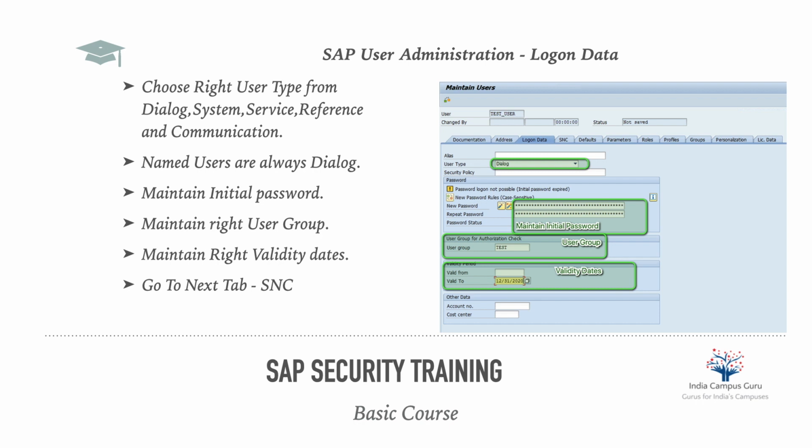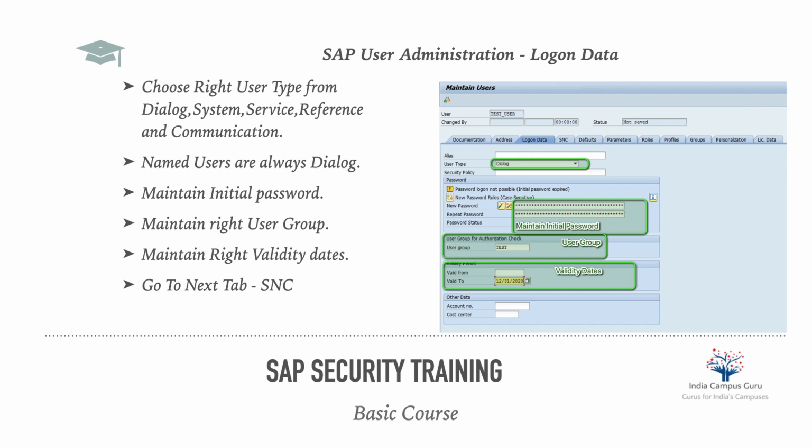So for a user to be able to log into a system, they should have a valid to date which is in the future. Generally we maintain 31/12/9999 if it's an end user or employee. But if you have a contractor or some temporary users, you will maintain their end date as per their contract. There are other fields like account number and cost center, which you can maintain, but for now we will skip that as well.